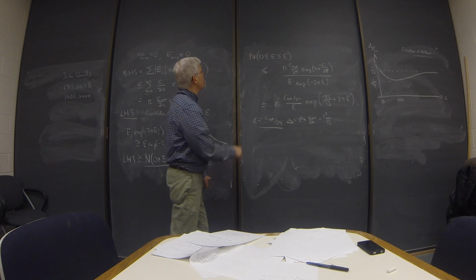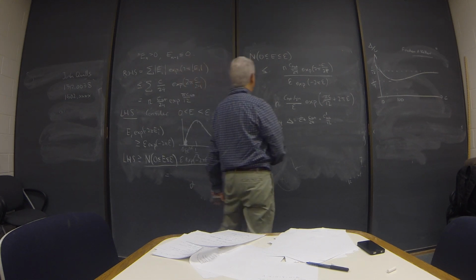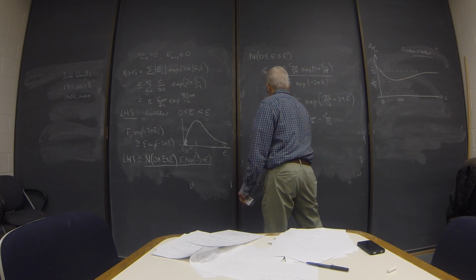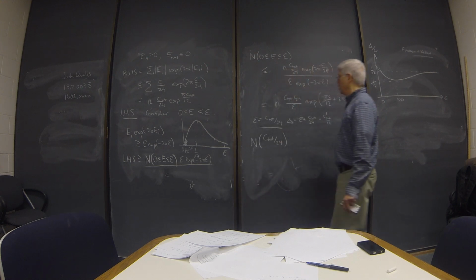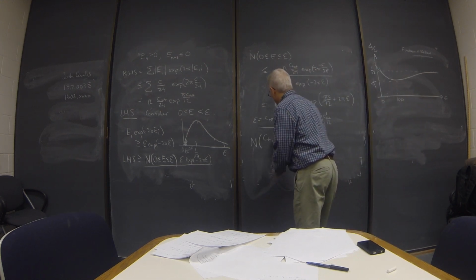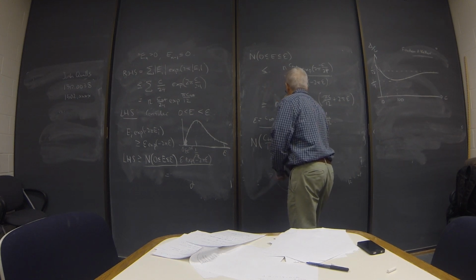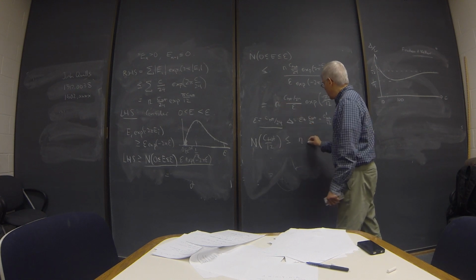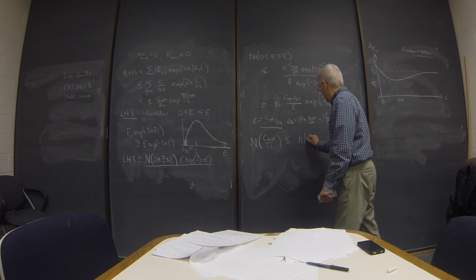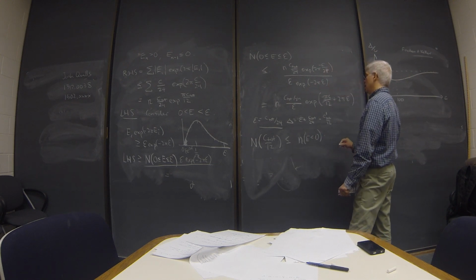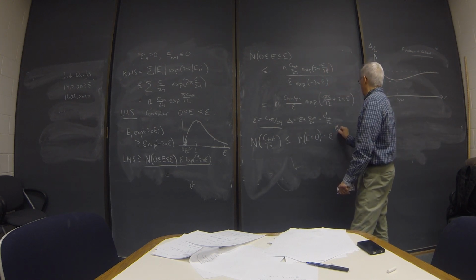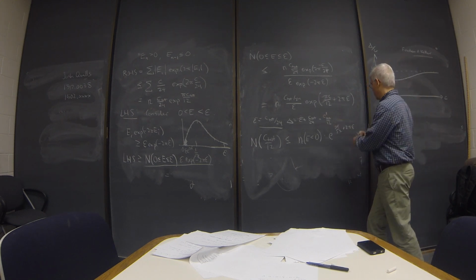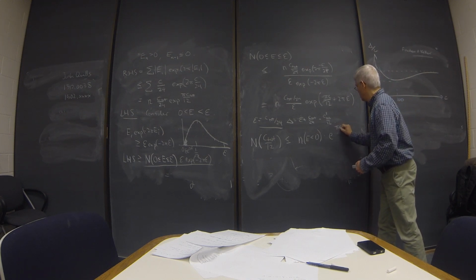So that means the number of states of delta less than c total over 12 is going to be less than or equal to the number of negative energy states times e to the pi c over 12 plus 2 pi E. I'm plugging in E equals c over 24, so this becomes pi c over 6.